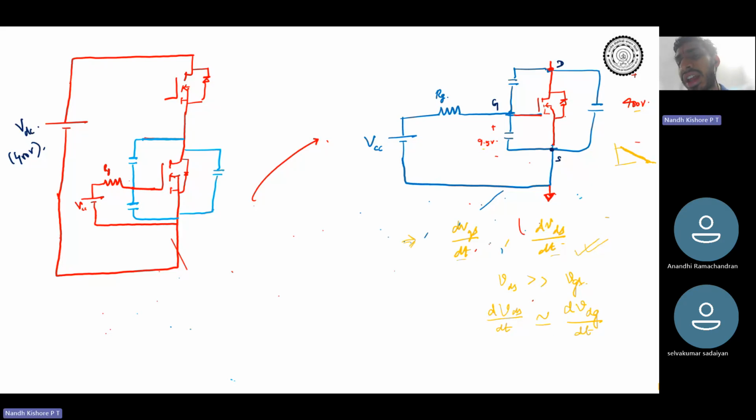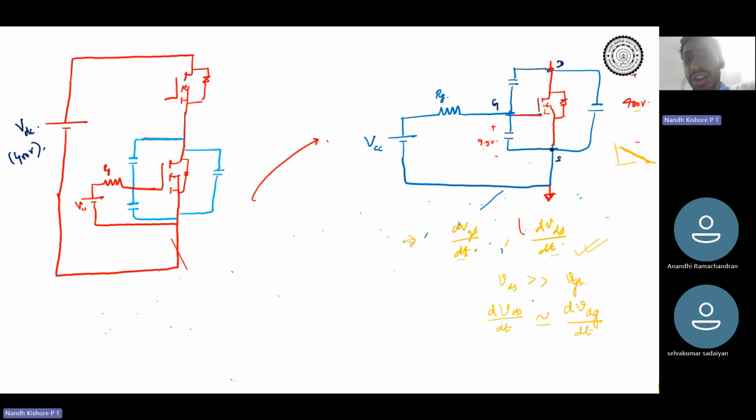Gate 9.5 volts is nothing compared to 400 volts. As far as 400 volts is concerned, 0 volts and 9.5 volts are almost the same. Gate and source are almost like a short. You agree, right?